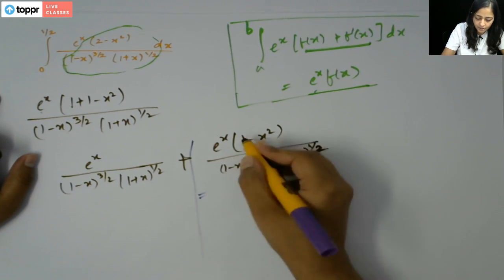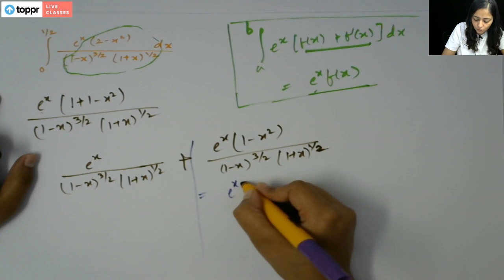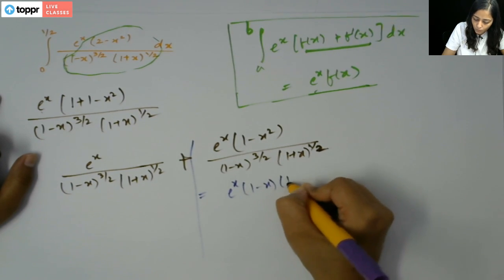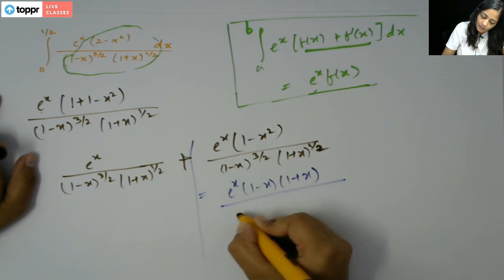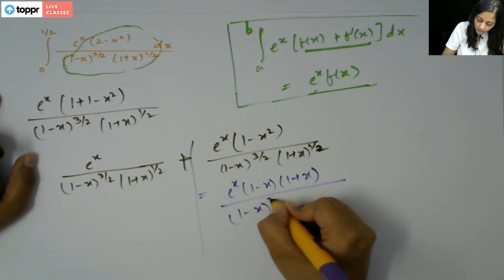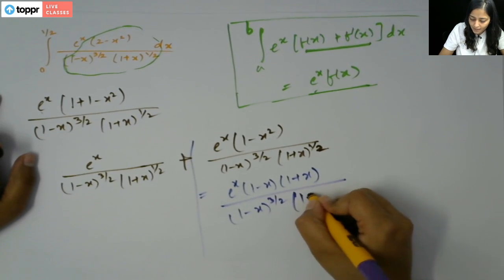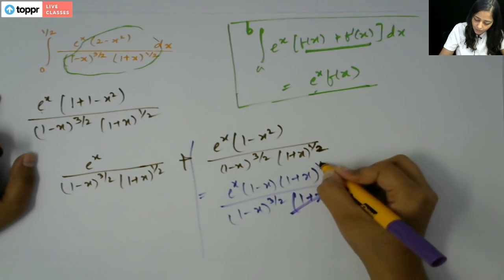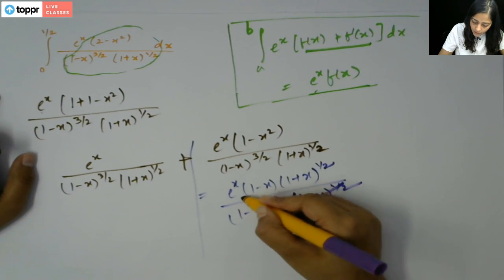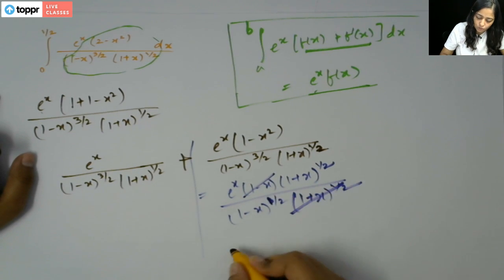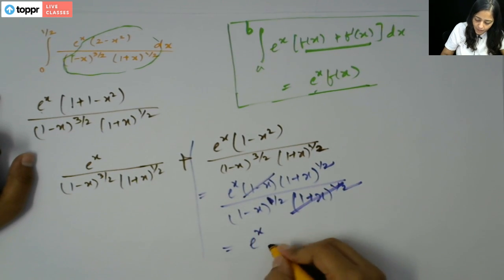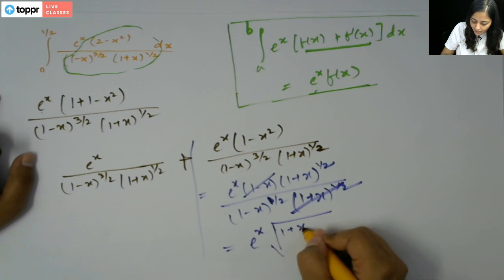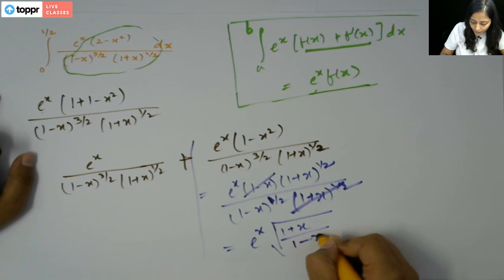So if we cancel it, this will become 1 by 2. So we are left with e^x times the square root of (1 + x) divided by (1 - x).